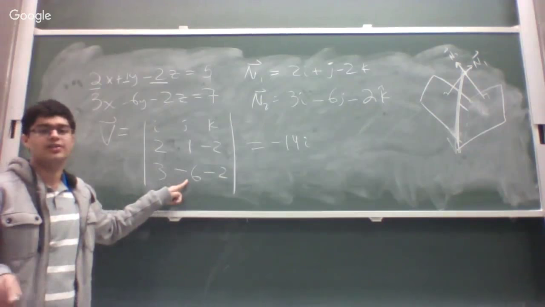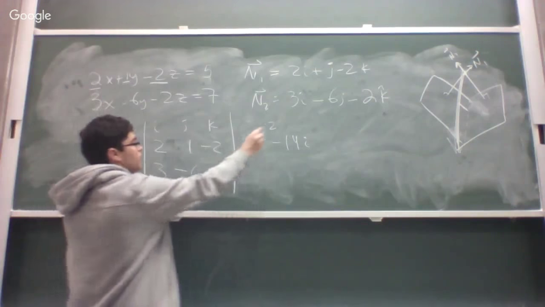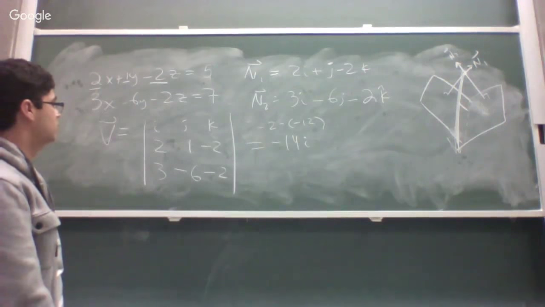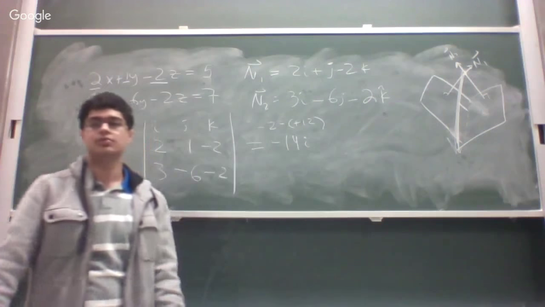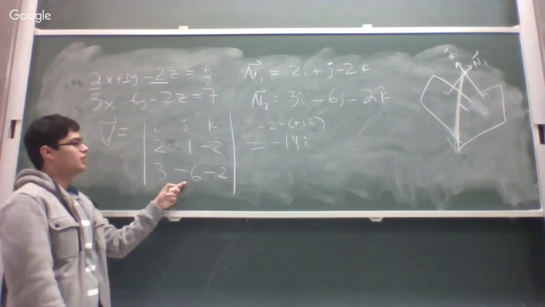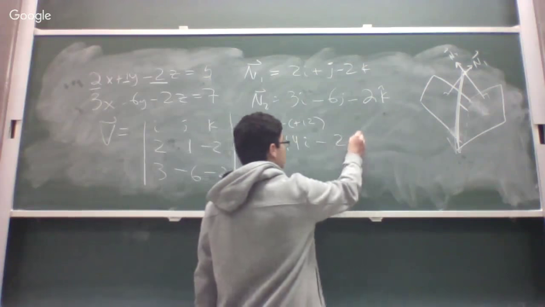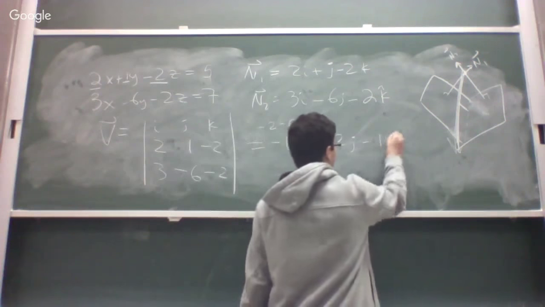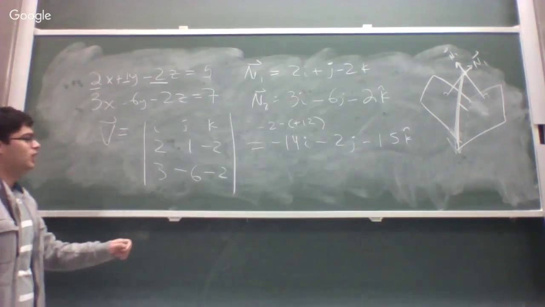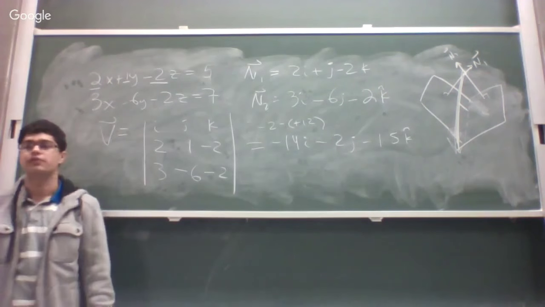You're subtracting a negative, so this would be minus 2 minus a positive 12, which gives you negative 14i. And you get minus 2j minus 15k. In your mind, you should try to figure those out. Make sure you get negative 2 and negative 15.